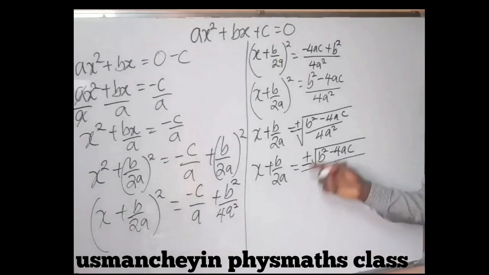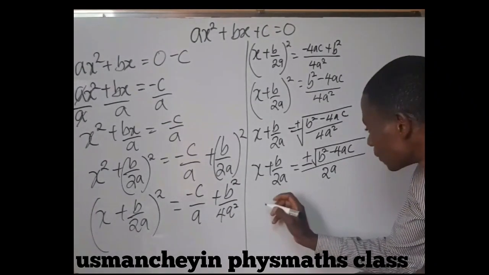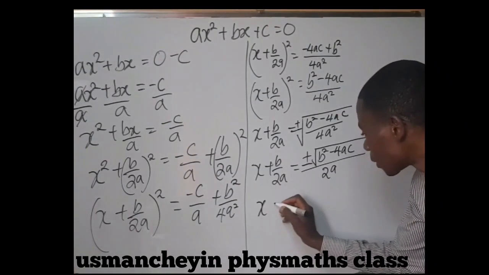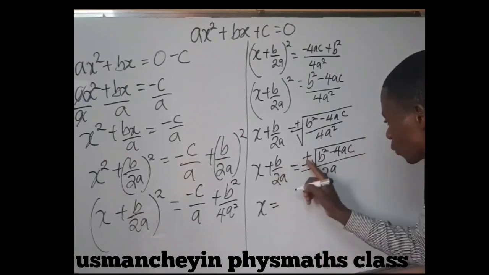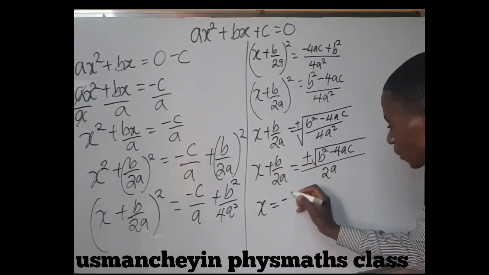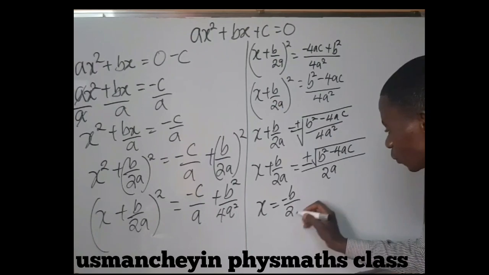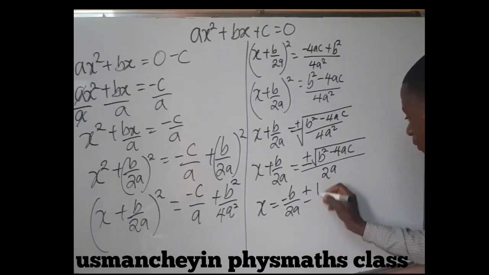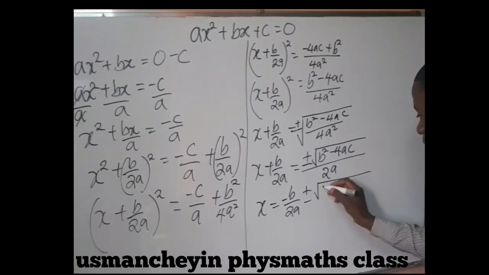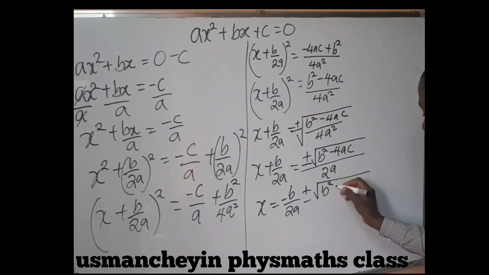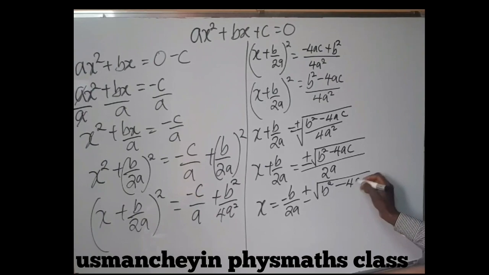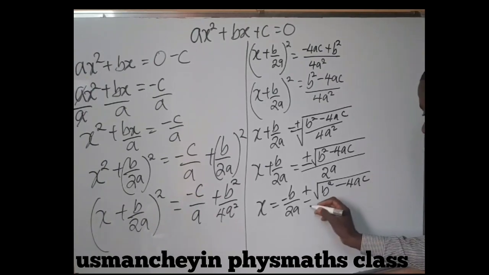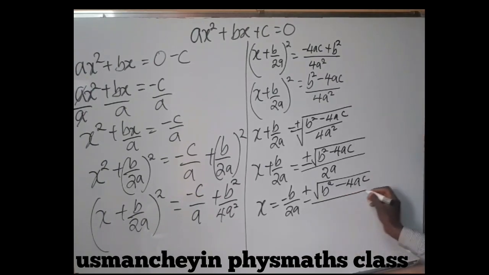From there, coming down here, we're going to have x will be equal to, when this crosses the equality sign, minus b over 2a plus or minus, then square root of b square minus 4ac all over 2a.